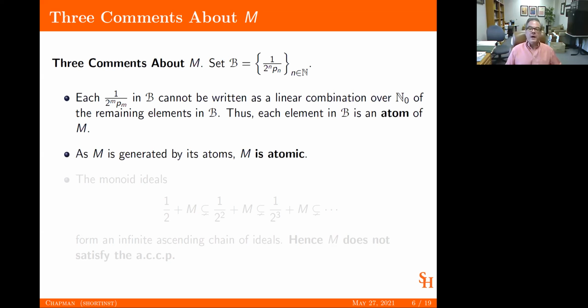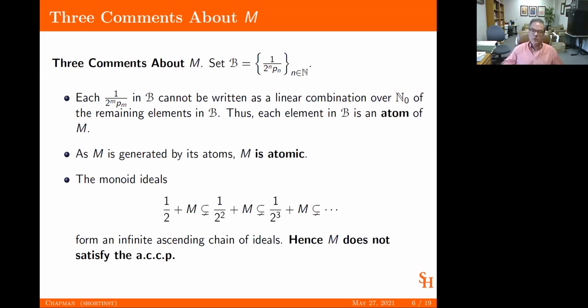M is generated by its atoms, so it's what Cohen referred to as atomic. And if I look at this chain of principal monoid ideals, it's very easy to verify that it's an infinite ascending chain. It doesn't stabilize. So as a monoid, M does not satisfy the ascending chain condition on principal ideals.